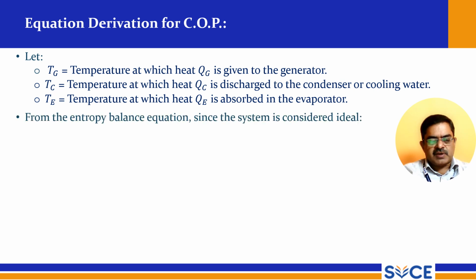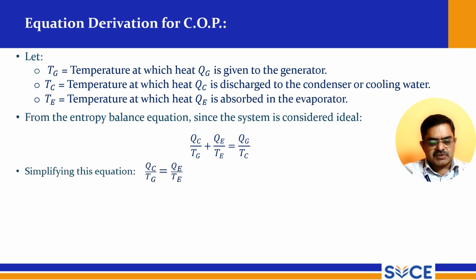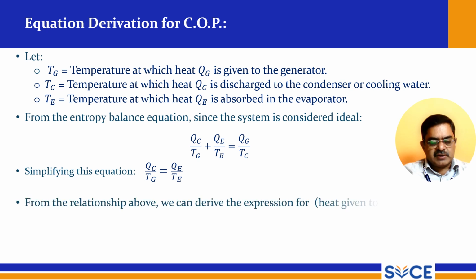From the entropy balance equation, since the system is considered ideal, Qg by Tg plus Qe by Te equal to Qc by Tc. Simplifying this equation, from this relationship we can derive the expression for Qg.